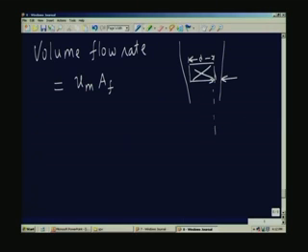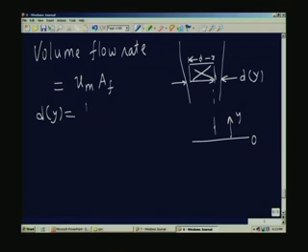So, I can say that if the local diameter is d, which is a function of y, measured from the bottom from some datum, d at y is equal to, let us say, d plus some a y, where a is called the taper parameter.